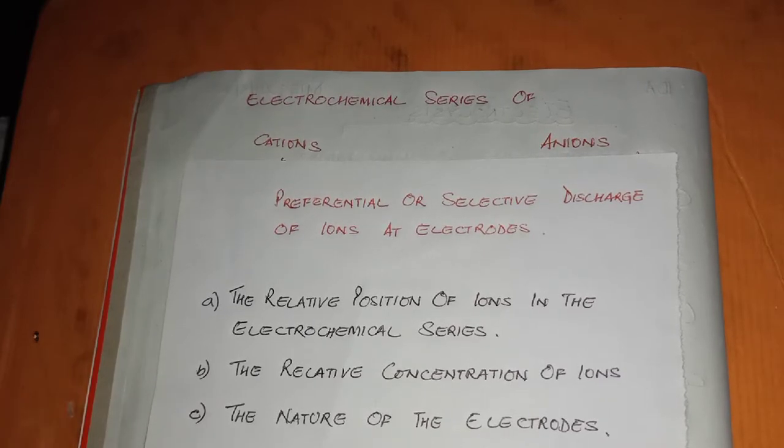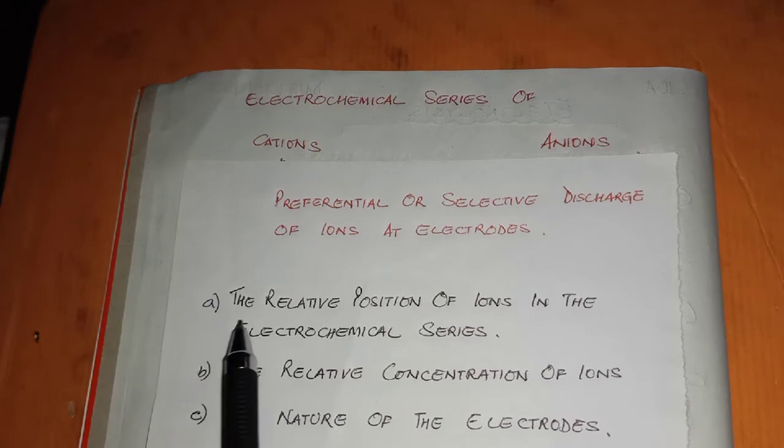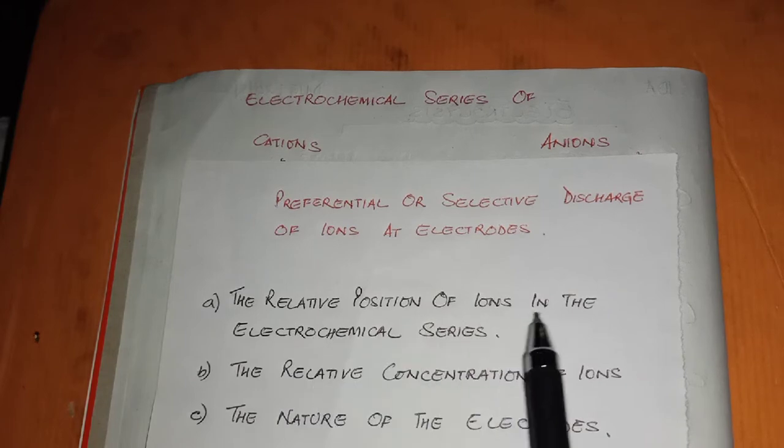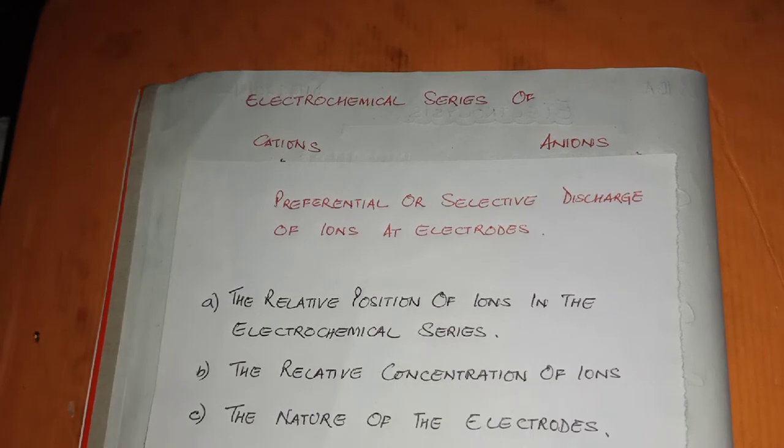In our previous class, we were studying preferential or selective discharge of ions at the electrode, and we introduced the three conditions on which the discharge of ions at the electrodes depends. Number one, the relative position of ions in the electrochemical series.